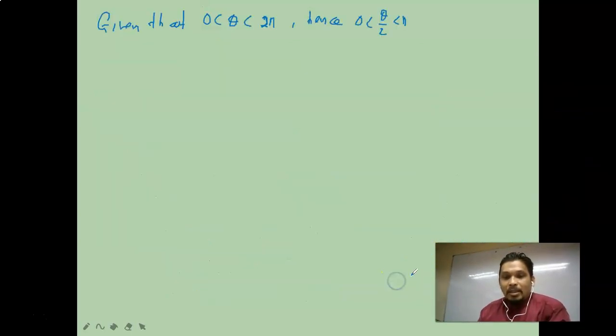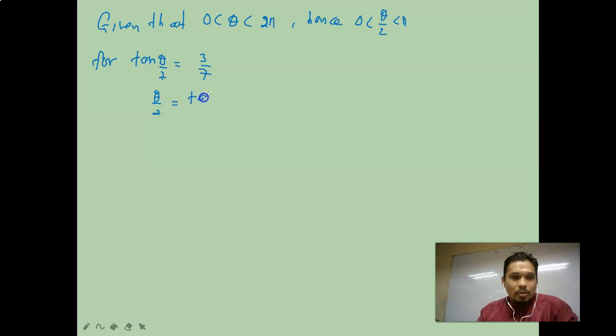Okay, then next, from here, for tangent theta over 2 equals 3 over 7, so theta over 2 equals arctangent of 3 over 7. It gives you 0.405 radian, and this is theta over 2.